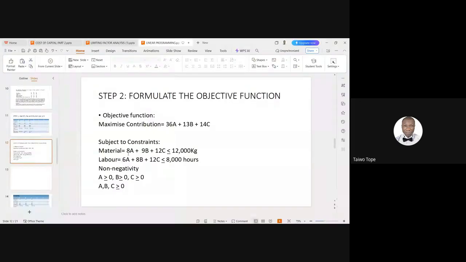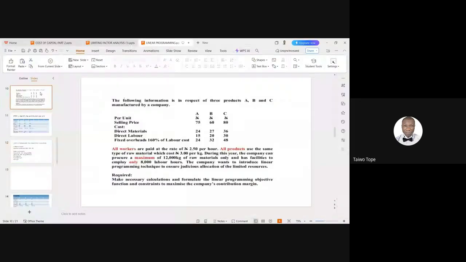This is what the question wants you to come up with. So this is just to introduce this. Let's look at another question. Any question about this, please?